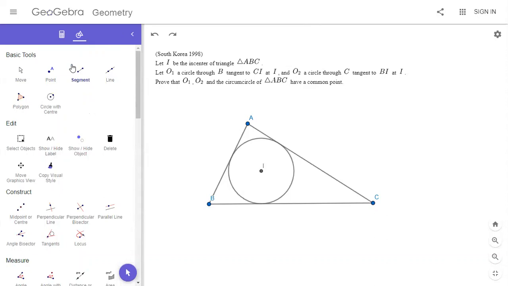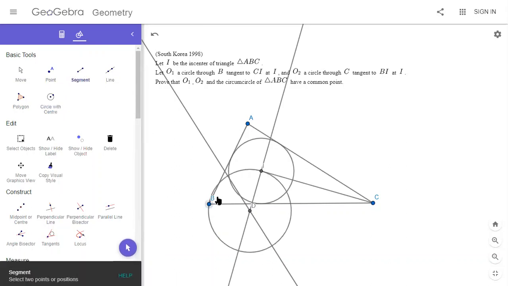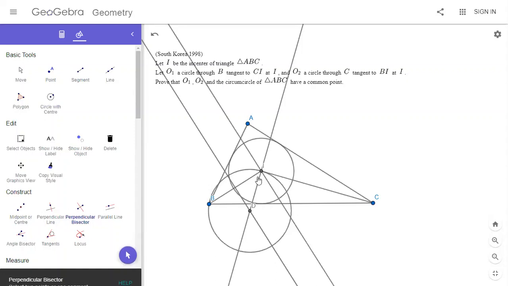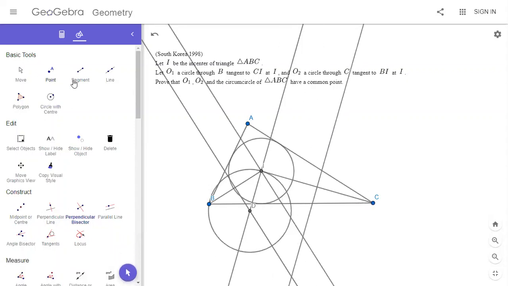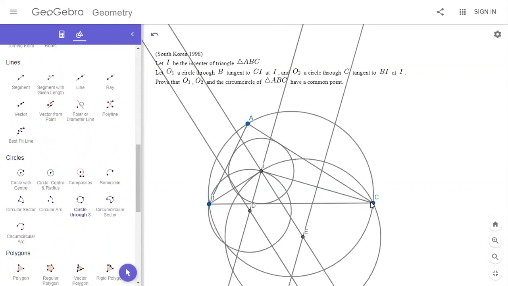So I'm going to want to draw CI, and then I'm going to want to draw a perpendicular. And I want to see where the perpendicular bisector of BI meets that. And that will be the center of the circle. Okay, so here's my circle tangent to CI at I. And then I'll do the same thing here. So I'm going to draw that circle. And we want to show that these circles intersect on the circumcircle of ABC.